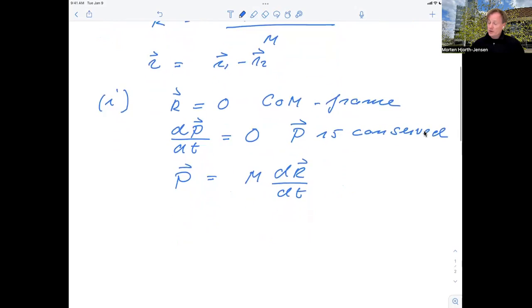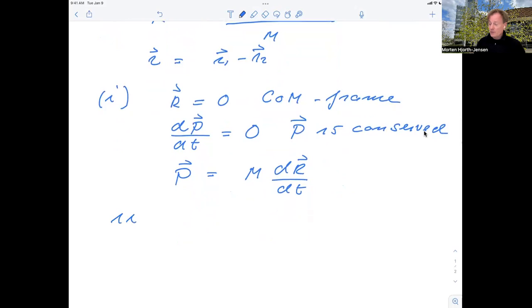Now, another thing which we found when we looked at this problem in the center of mass frame is that when we looked at the total angular momentum, which is defined as R cross product with a momentum P. In this specific case, we are not looking at the specific definition of it in terms of the coordinate system which we have, or the number of particles which we have.